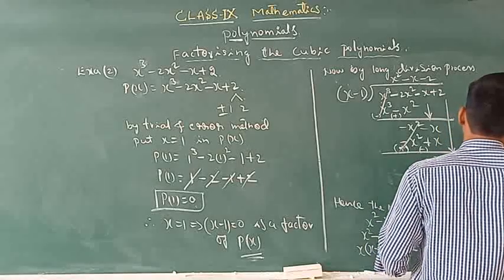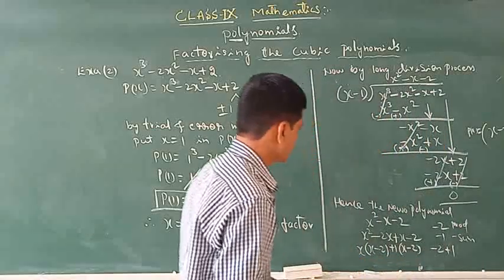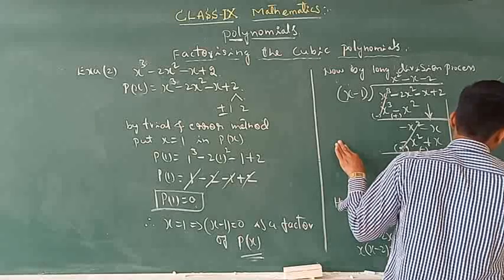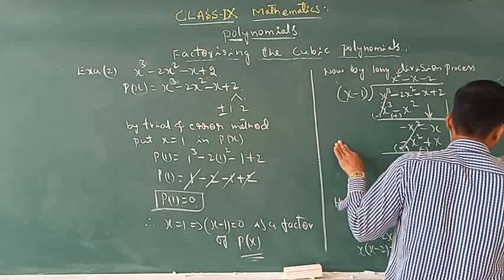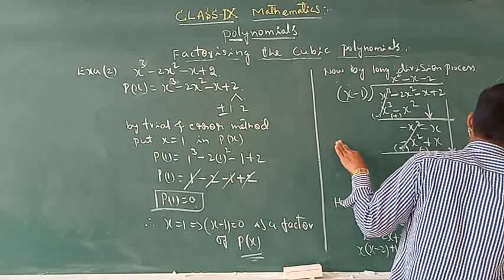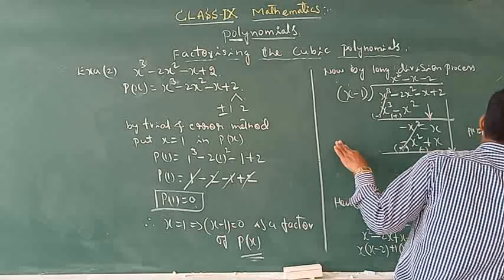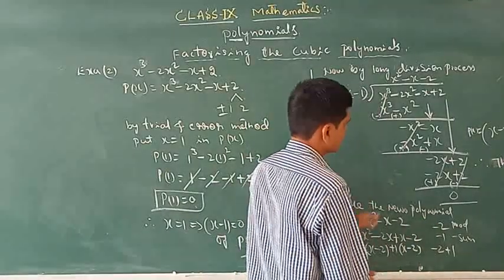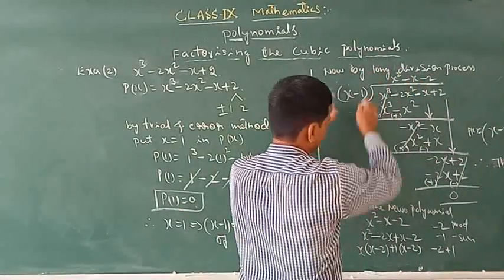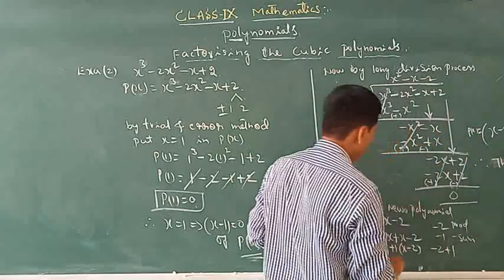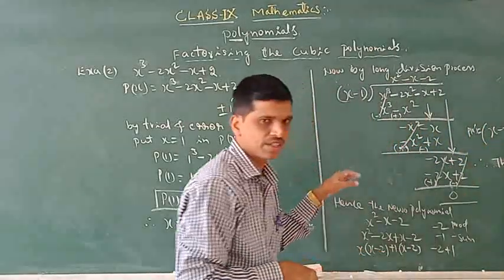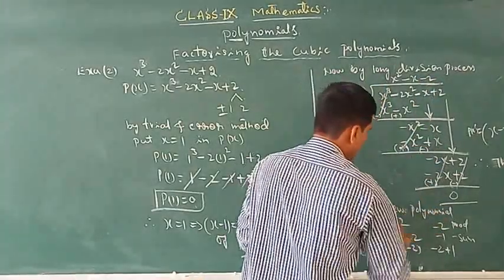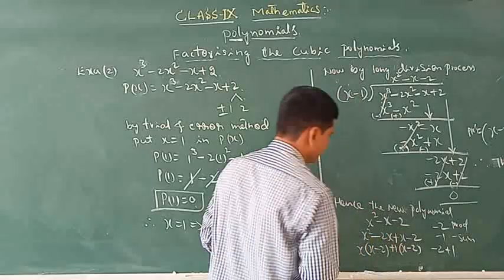Consider it as p of x dash, because it is a new polynomial, the quotient.